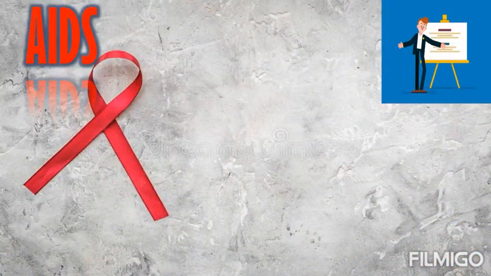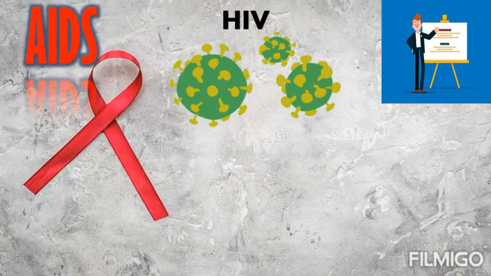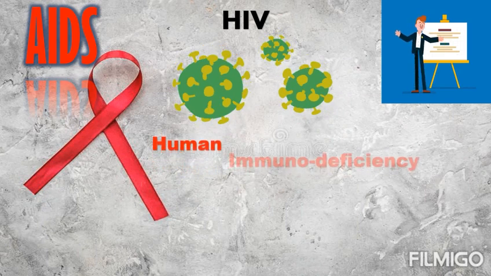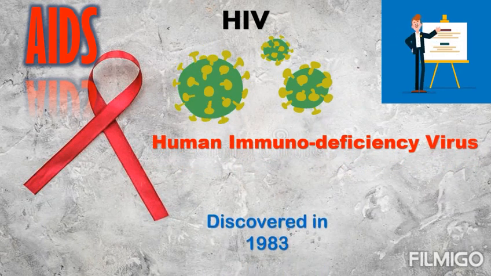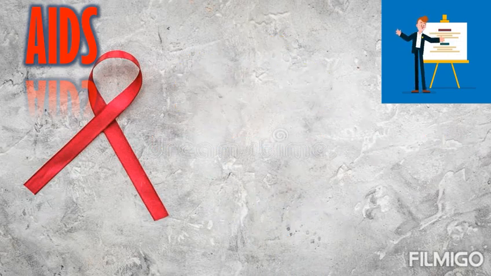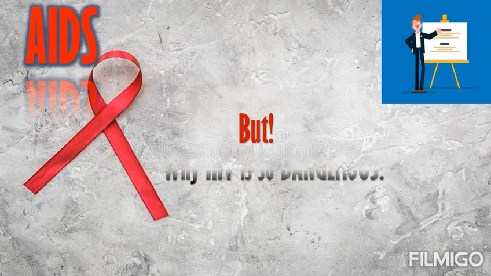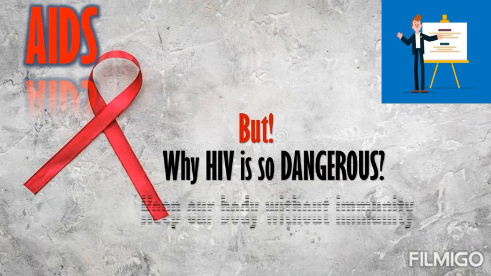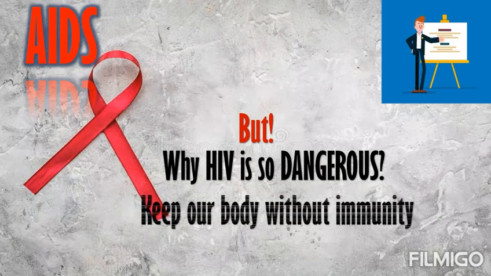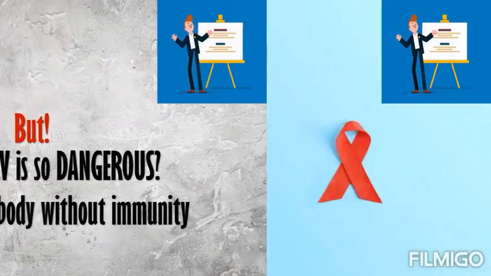AIDS is caused by a virus called HIV, which stands for the Human Immunodeficiency Virus, discovered in 1983. But why is HIV so dangerous, and why does it leave our body without immunity or with a very weak immunity?